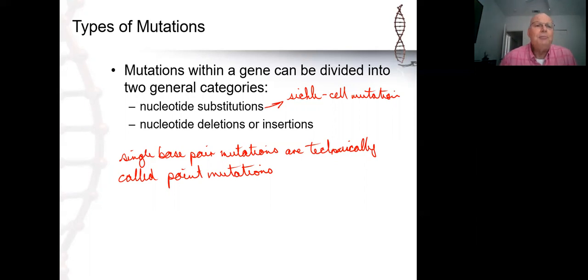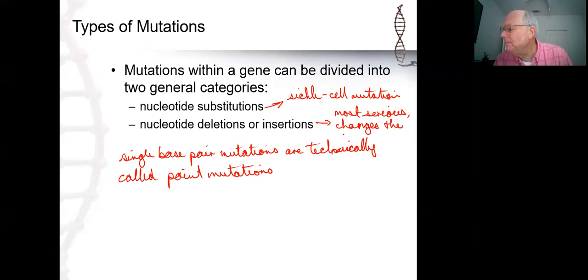Or you can remove a nucleotide or add a nucleotide in. And these are the most serious. Why? Because it changes the reading frame. And I can give you an example of this.